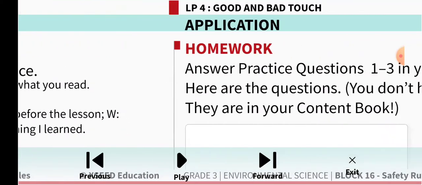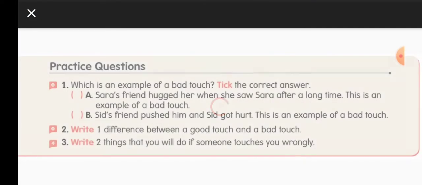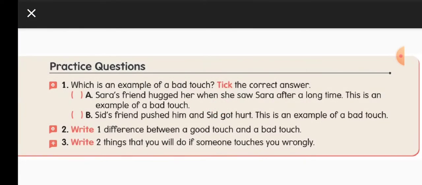Right? Now let's answer the questions in the content book. Which is an example of a bad touch? Tick the correct answer. Sarah's friend hugged her when he saw Sarah after a long time. Is this an example of a bad touch? No, false.